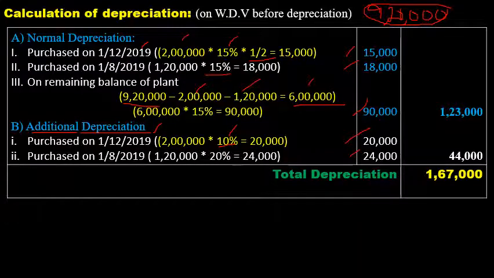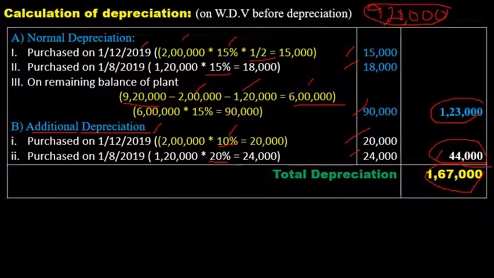So it's the full rate of depreciation because it was used for more than 180 days. So total additional depreciation is 44,000. Normal depreciation 1,23,000 and additional depreciation 44,000, and total depreciation is 1,67,000 for machinery.